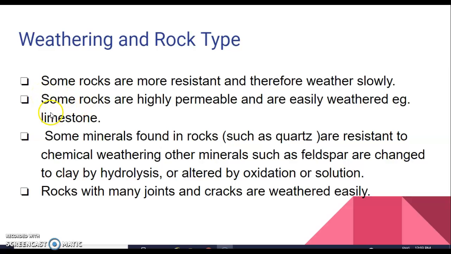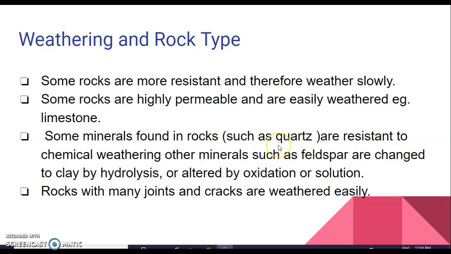Now, there are some rocks too that are highly permeable, meaning that water can easily pass through. For example, limestone rocks are considered highly permeable. So we find that these types of rock with a high porosity or high permeability would be weathered easier or faster than other rocks.